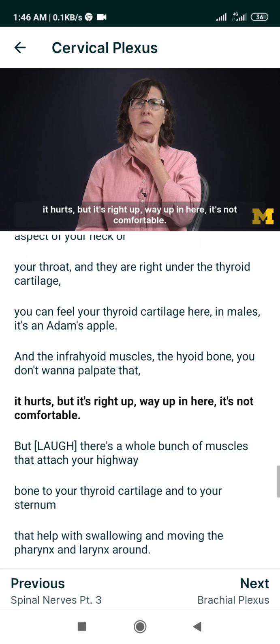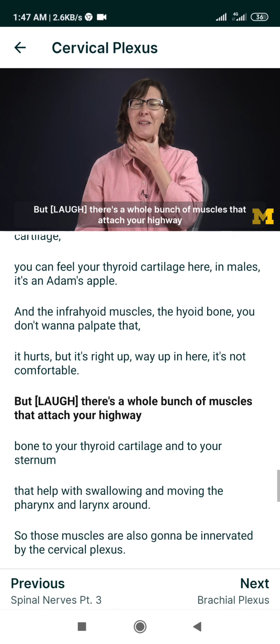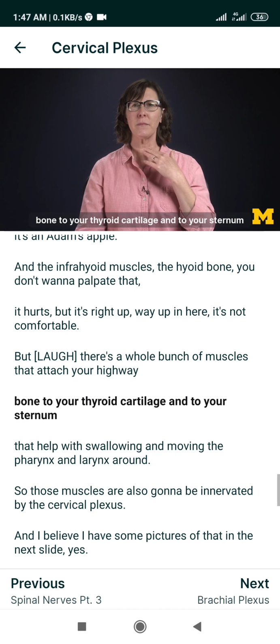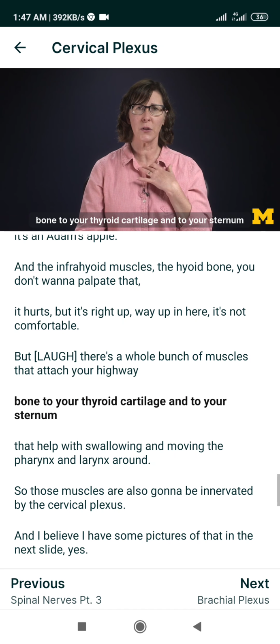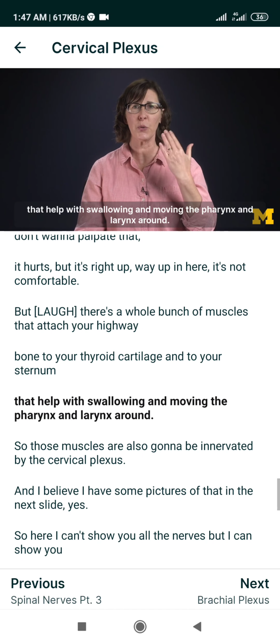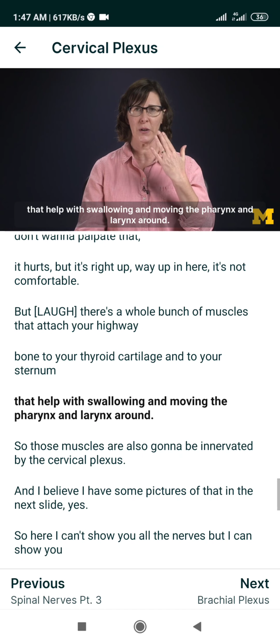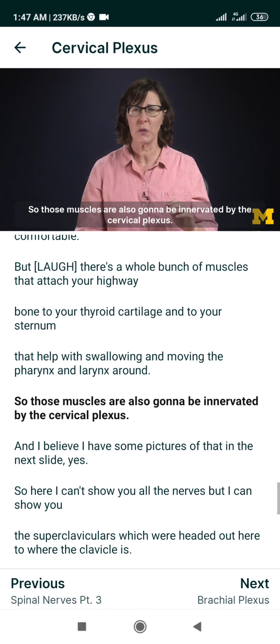It hurts, but it's way up in here. There's a whole bunch of muscles that attach your hyoid bone to your thyroid cartilage and to your sternum that help with swallowing and moving the pharynx and larynx around. Those muscles are also innervated by the cervical plexus.